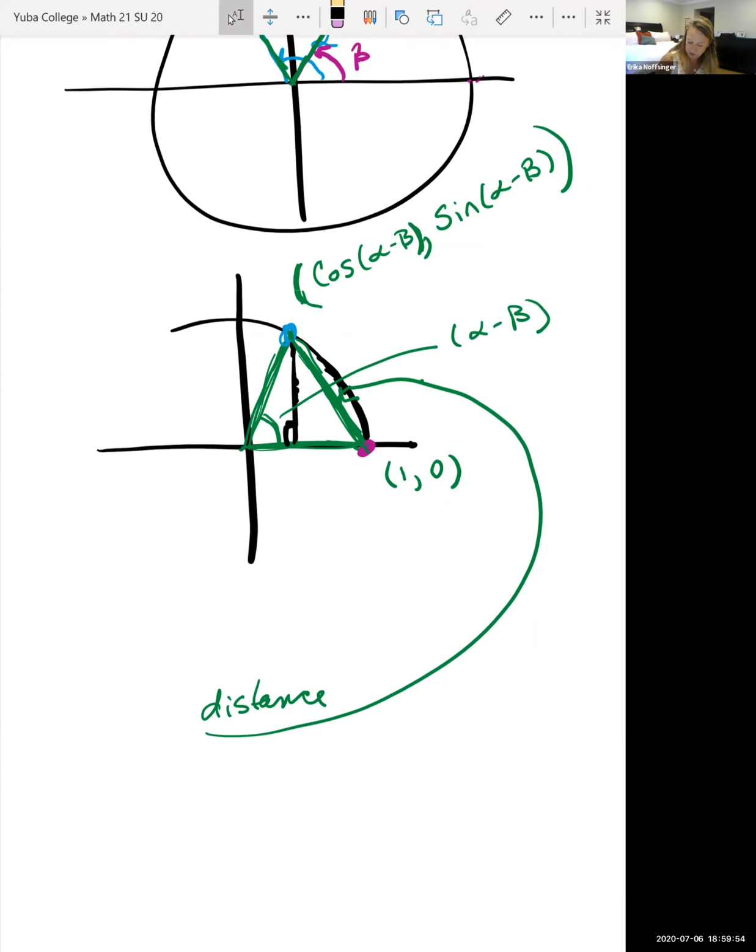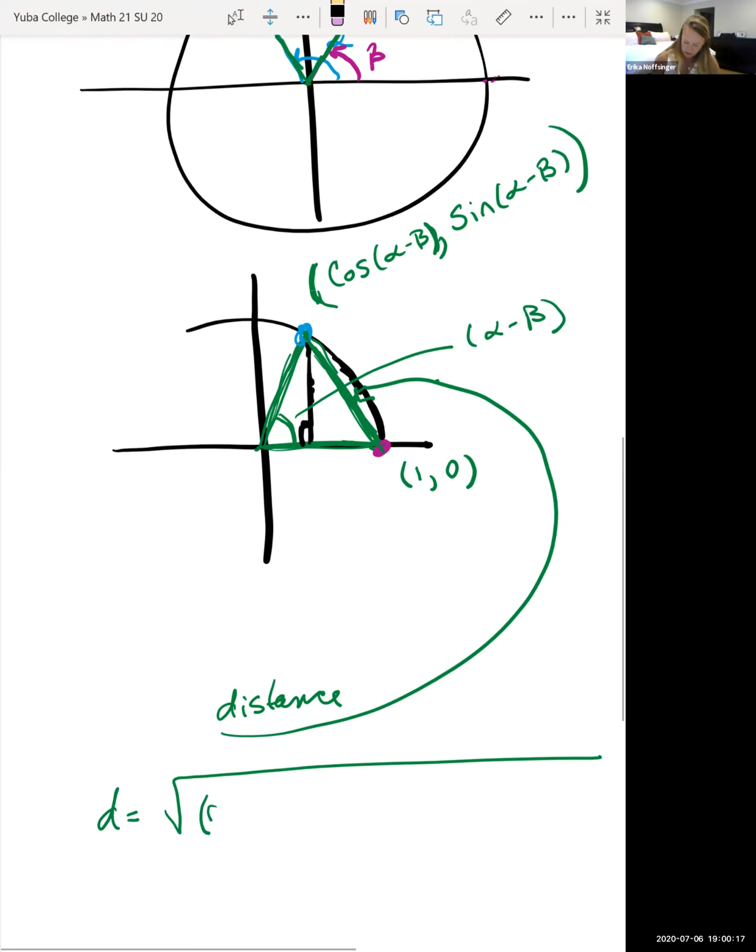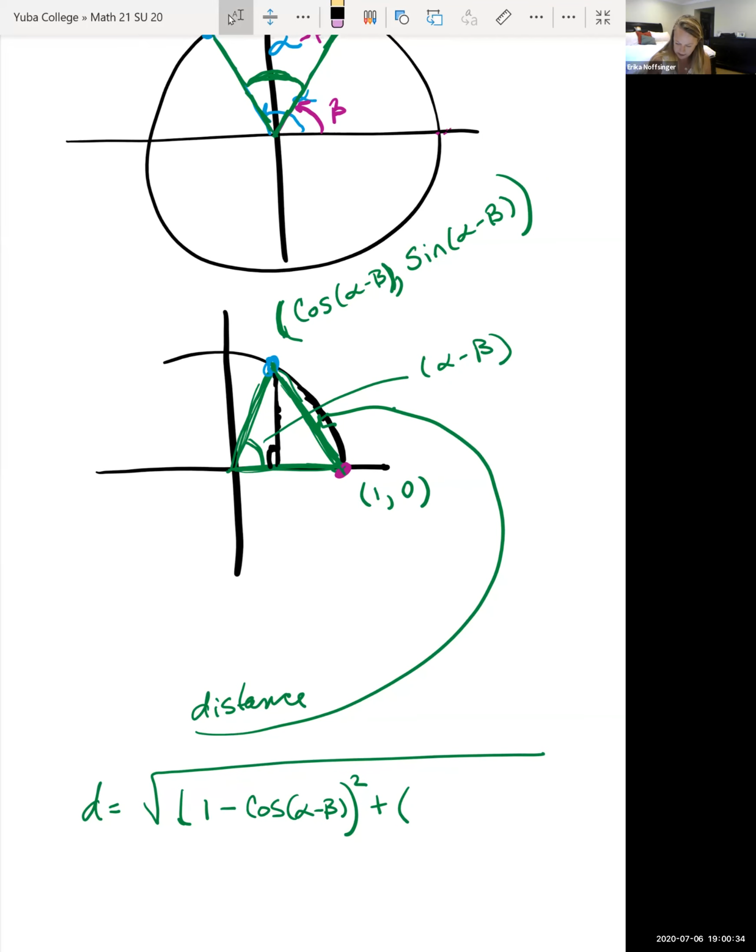So the distance between 2 points is the change in your x value, quantity squared. So if I look at this x value, 1 minus cosine of alpha minus beta, that is quantity squared, plus the difference of our y value, quantity squared.